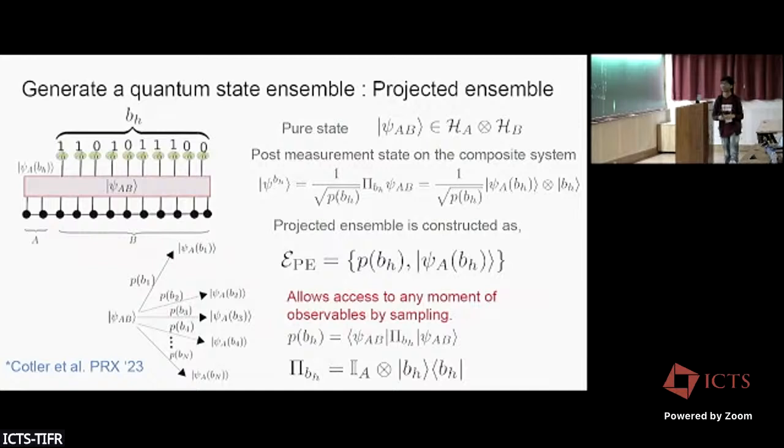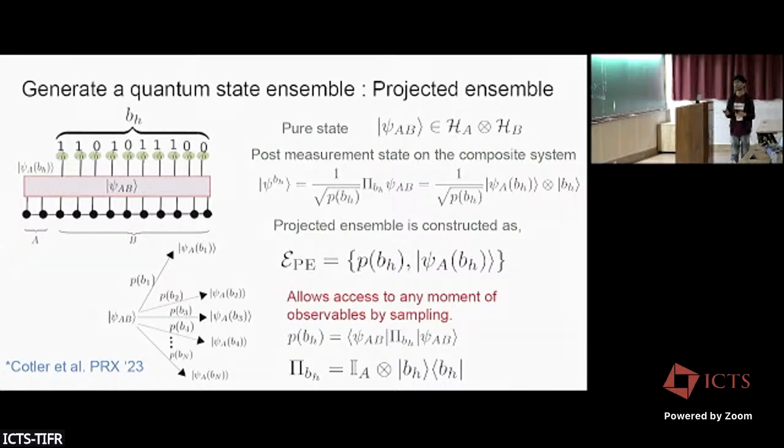So this is the protocol that you use to construct the projected ensemble. You have a pure state, psi. Then you divide the system into two parts, A and B, and do a projective measurement on one of the subpartitions, B. Once you do a projective measurement on any basis, you can choose any complete basis, you get a pure state on A, conditional on the outcome in B. So after post-measurement, this is your entire state.